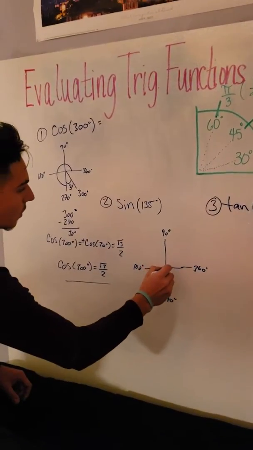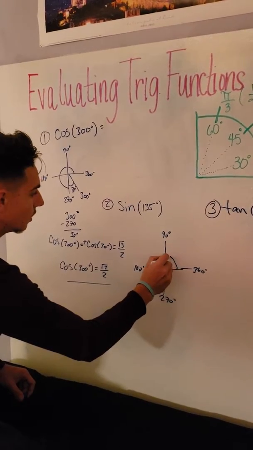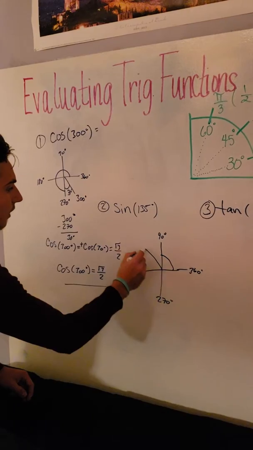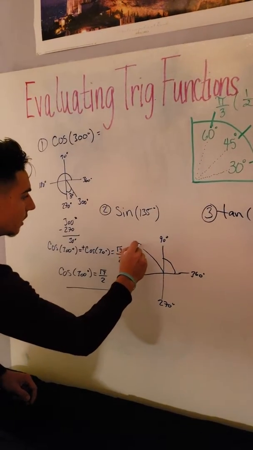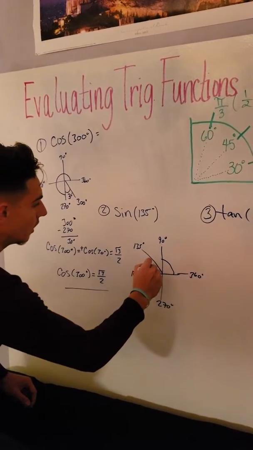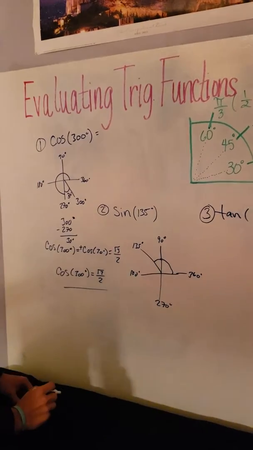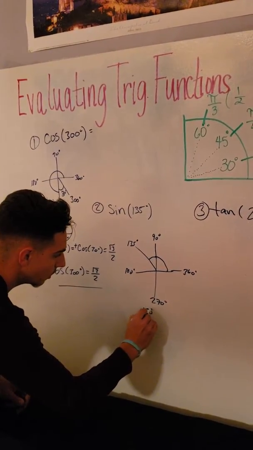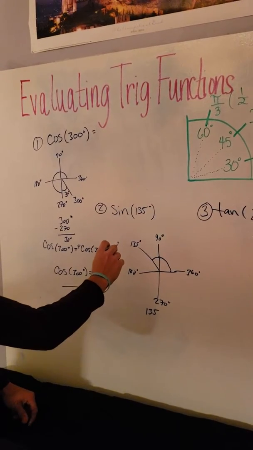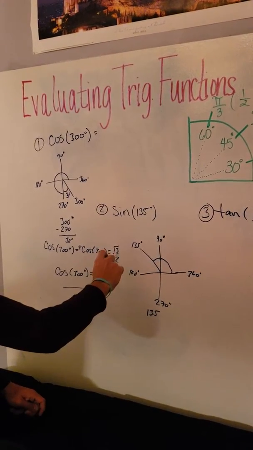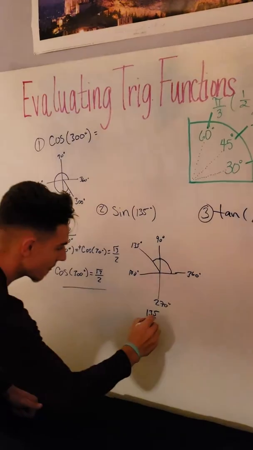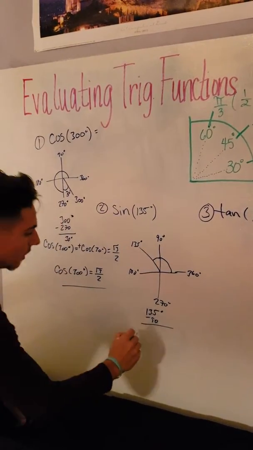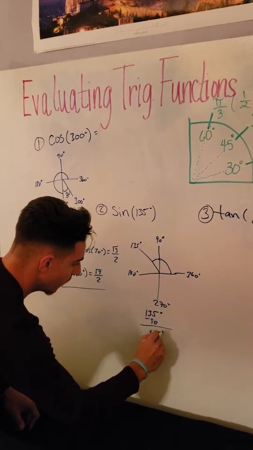So for this one, we are going to go to the 90 degree mark, and then 135 degrees would be about right there. And then this is going to end up being our reference angle. And in order to find that reference angle, we need to subtract 90 degrees from 135 degrees. And with that, we get 45 degrees.